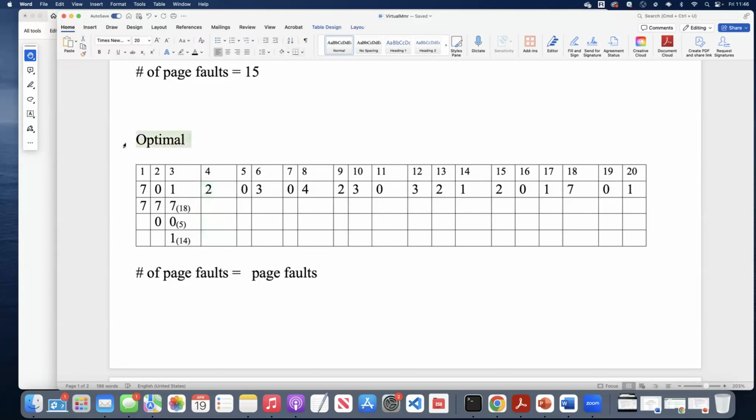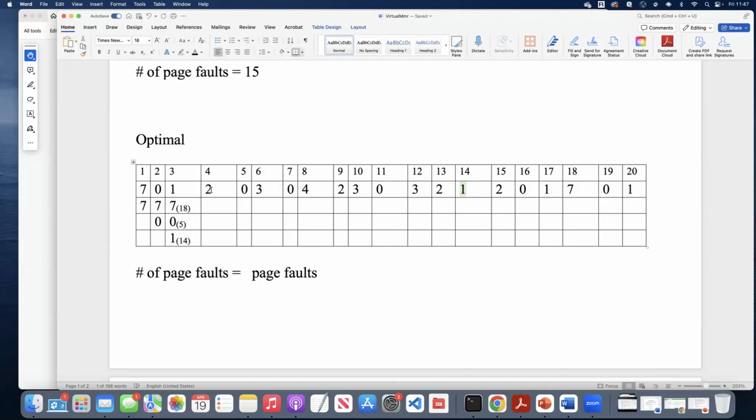And now we use the optimal page replacement algorithm to select the victim page. Now we take a look at page 7. Page 7 will be accessed at time 18. And page 0 will be accessed at time 5. And page 1 will be accessed at time 14. So we look at the future information about this reference string, when each page will be accessed in the future.